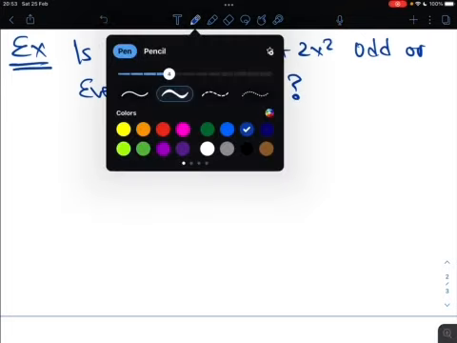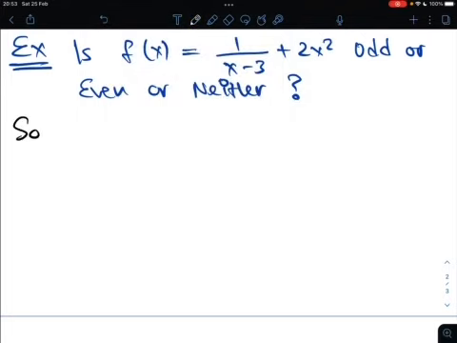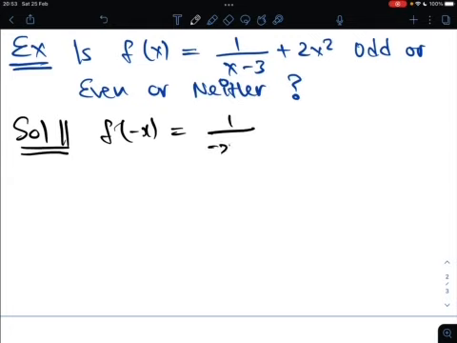So let's first calculate f of minus x. f of minus x is 1 over minus x minus 3 plus 2x squared.